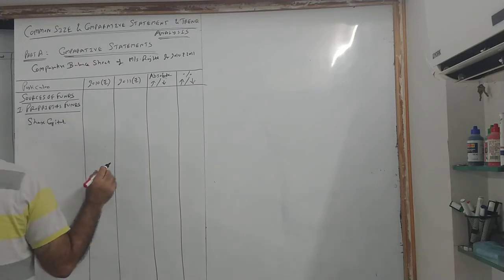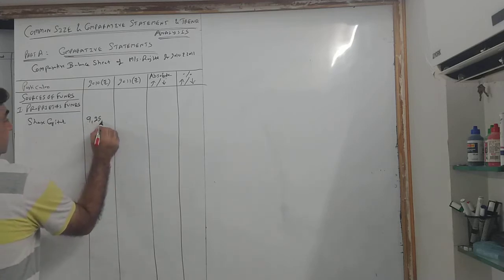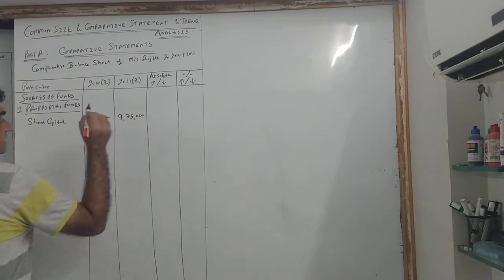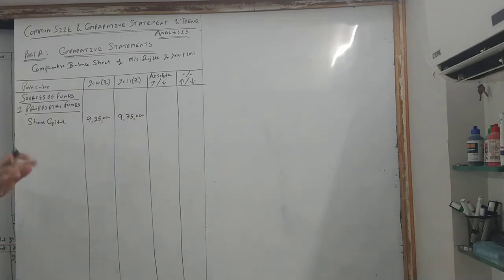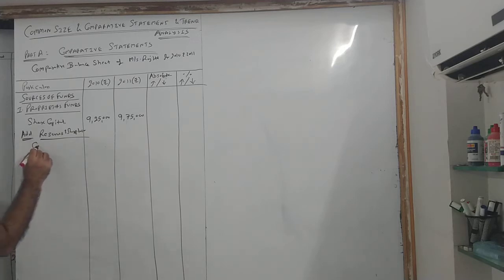Share capital, how much is your share capital? See, 9,25,000 and 9,75,000. We will adjust everything in 1 column. To this I add reserves and surpluses. Which reserves do you have?